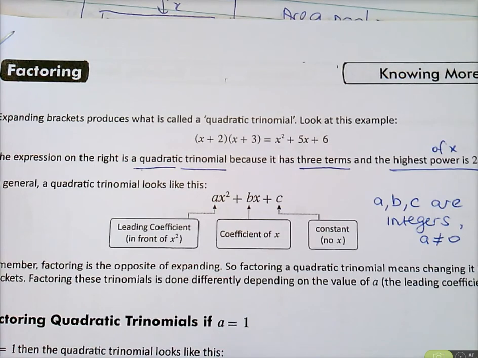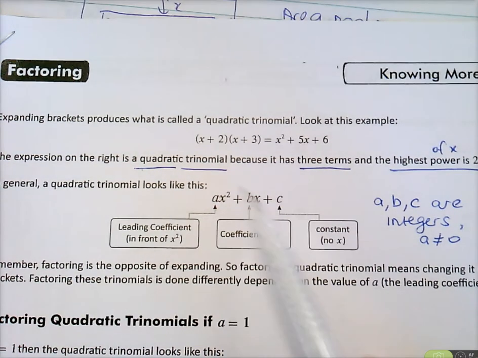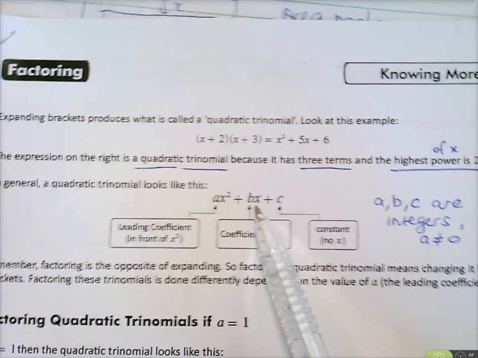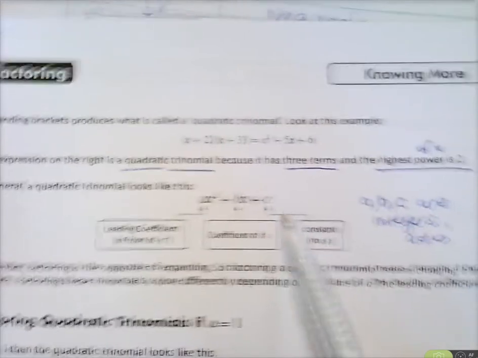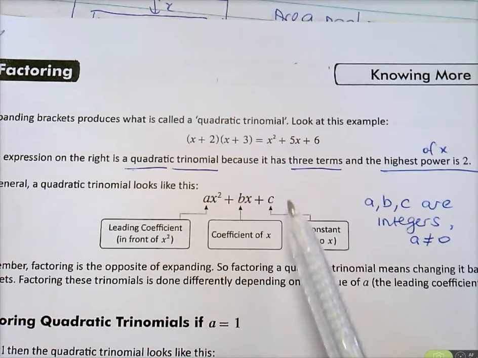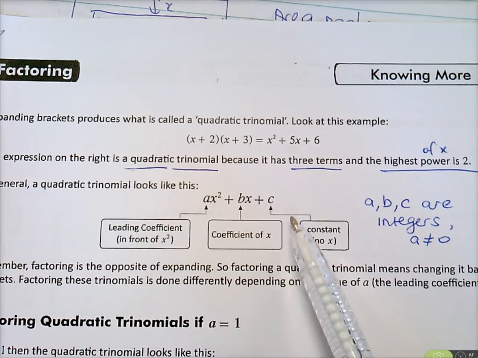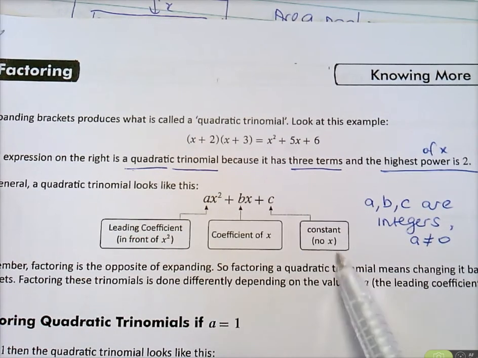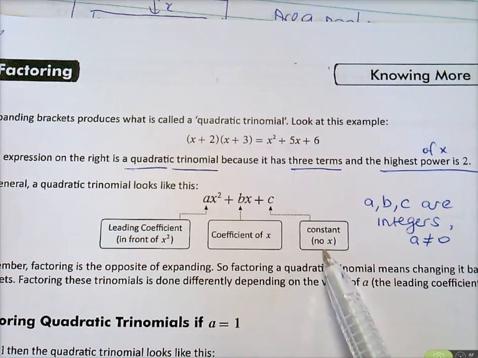It's got to be alphabetical order. With trinomials, highest power first, then the next power, then the lowest power. Now c has the lowest power because it's basically got no power. It's just a constant. So the constant term has no x. b is the coefficient of the x, a is the coefficient of the x squared. It's called the leading coefficient because x squared is the highest power.